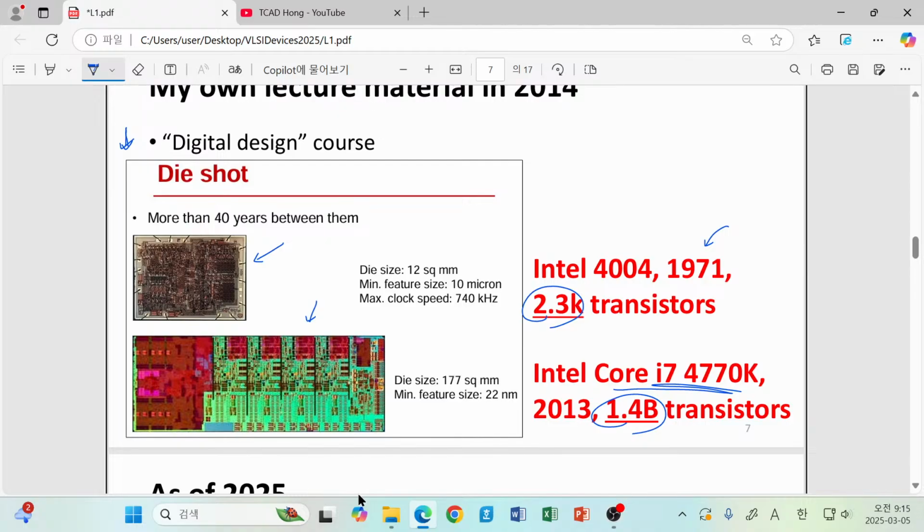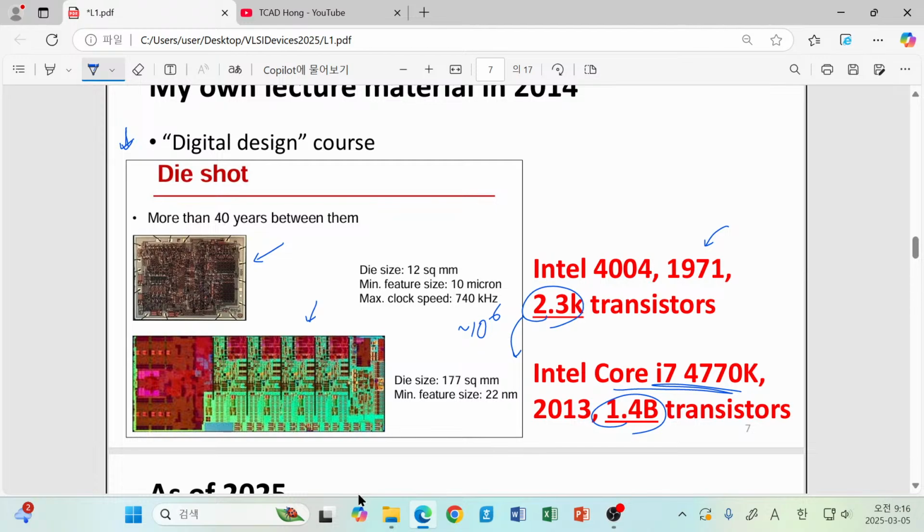So please consider the difference between 2.3 kilo and 1.4 billion. It is close to 10 to the 6, a million times more transistors in a chip.